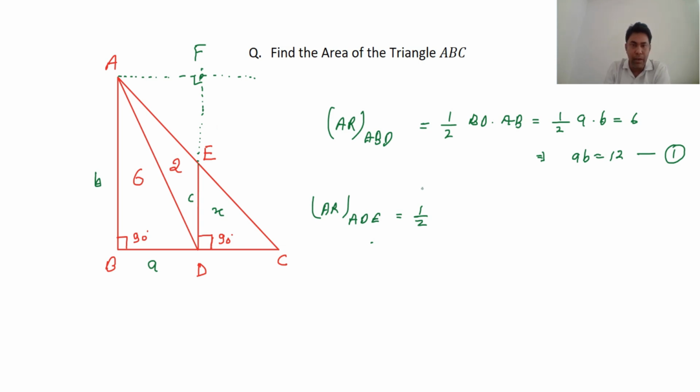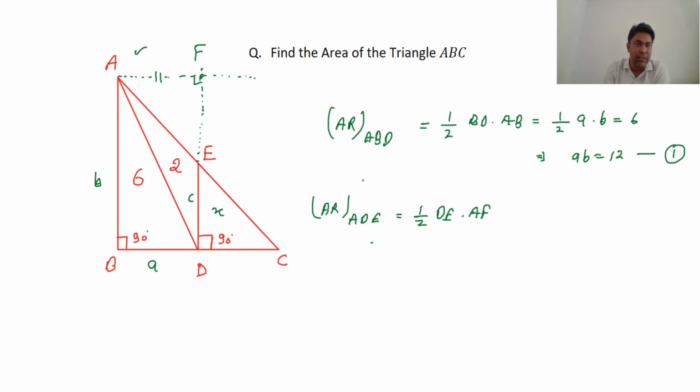So the area of triangle ADE can be written as 1 by 2 times base, that is DE, multiplied by height, that is AF. Here AF and BC are parallel. Similarly, AB and FD are also parallel. So we can write the side length of AF in terms of A. In fact, BD will be equal to AF.